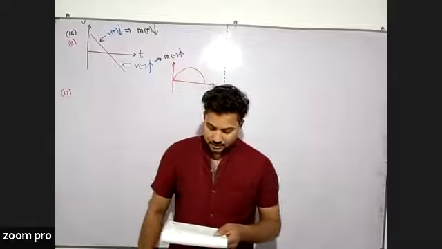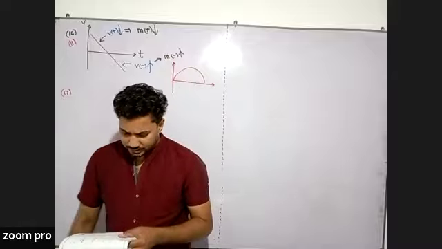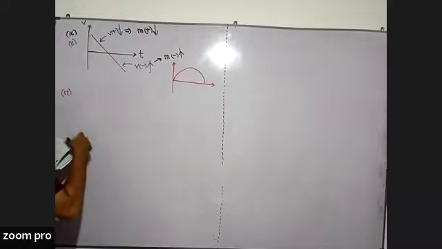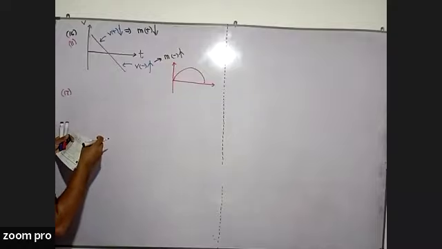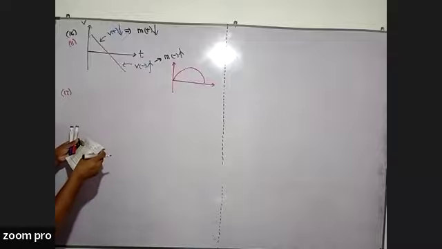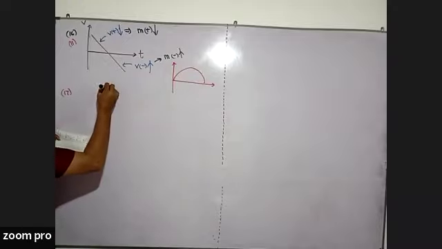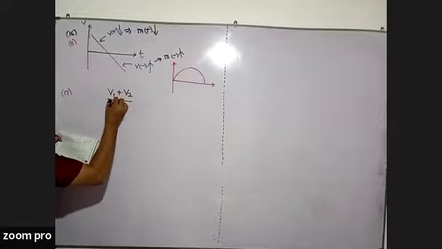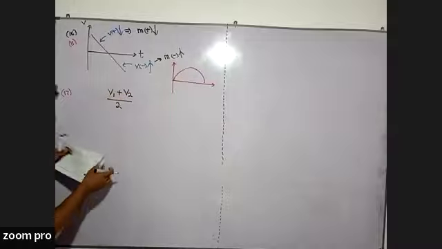This one is also very easy. The question is asking about the average velocity over the entire period between T1 and T2 being equal to the average of the two velocities. Normally we obtain the average velocity by dividing the addition of these two velocities by two.